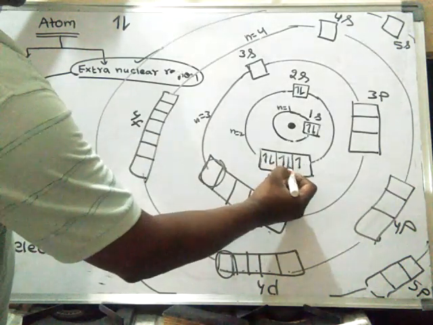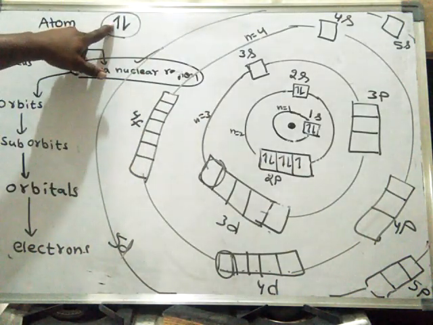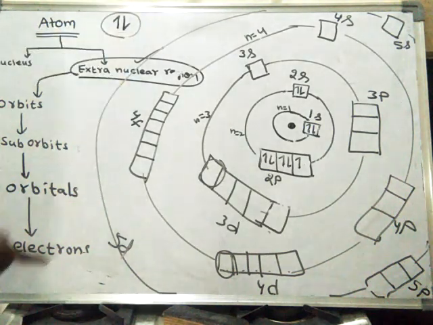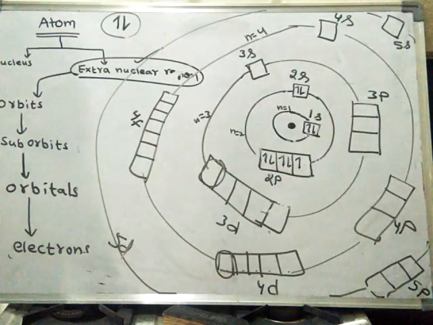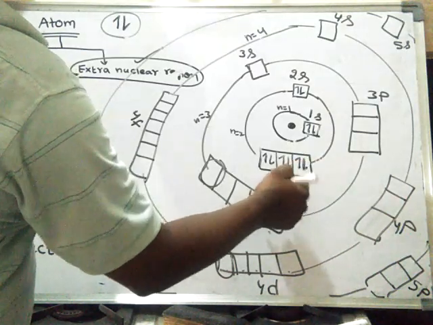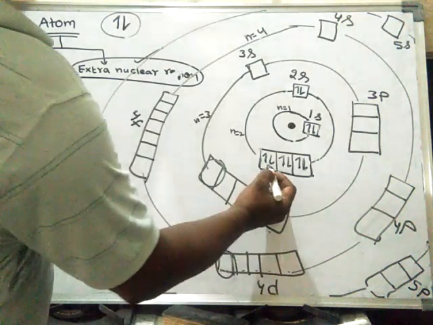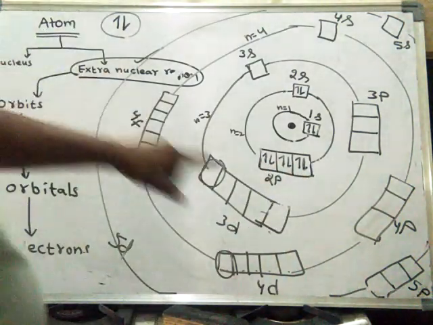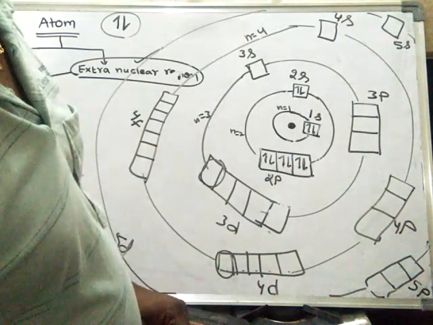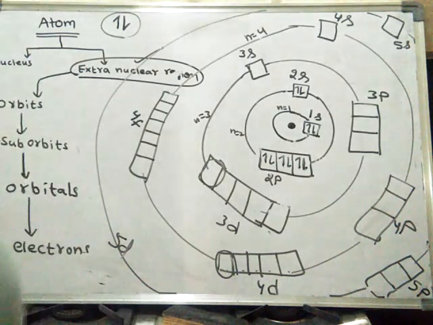Then only comes the pairing. A pair of electrons means one positive spin electron and another negative spin electron. Spin we have already seen. In this way electrons enter the 2p orbitals.